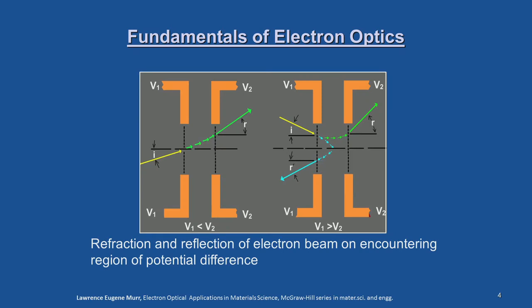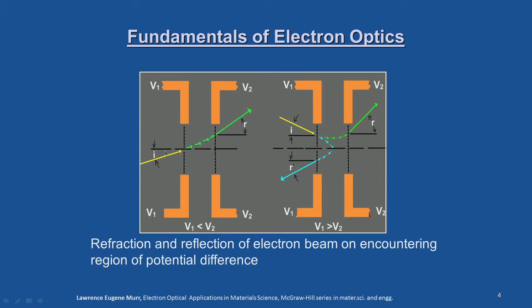Look at this schematic, where we are demonstrating the refraction and reflection of an electron beam on encountering a region of potential difference. First, look at the first diagram. The electron beam is encountering the potential difference created by these electrostatic lenses, where V1 is less than V2, and it undergoes refraction.